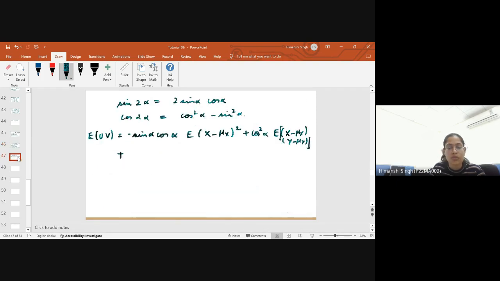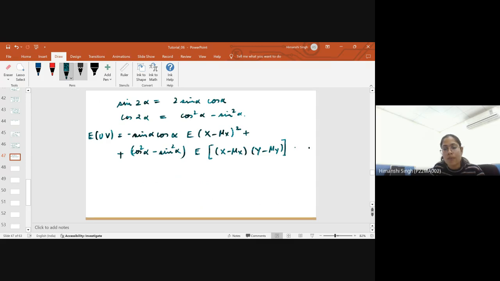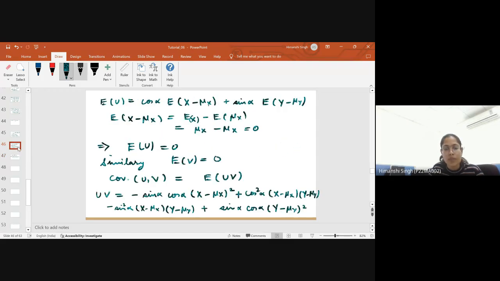So I can write it in the combined form. So what will I write? I take this cos square alpha minus sine square alpha into expected value of x minus mu x into y minus mu y. I have taken this common. Now plus, what is the next term? Sine alpha cos alpha into y minus mu y whole square.